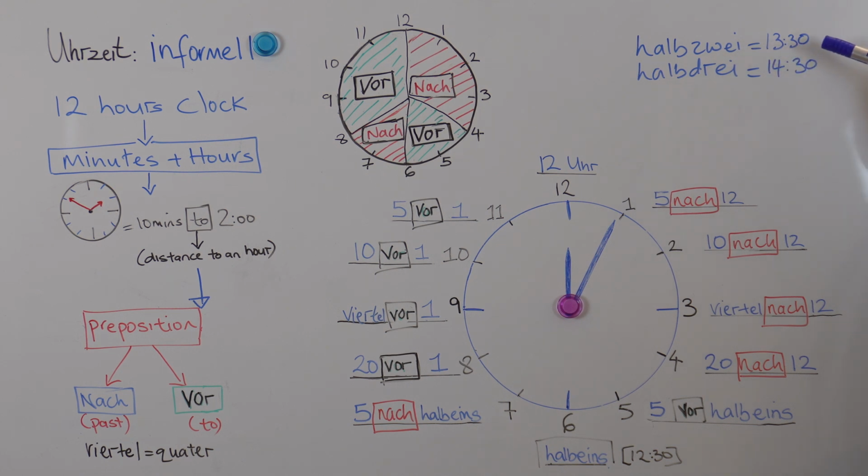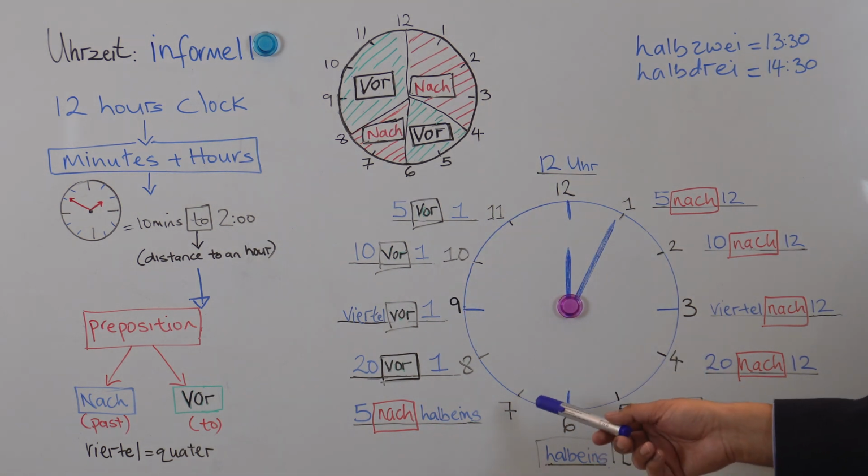So there is half an hour to go before 2 o'clock. Similarly halb drei, that is 14:30, half an hour to go to 3 o'clock.